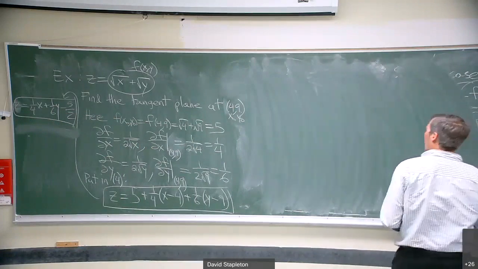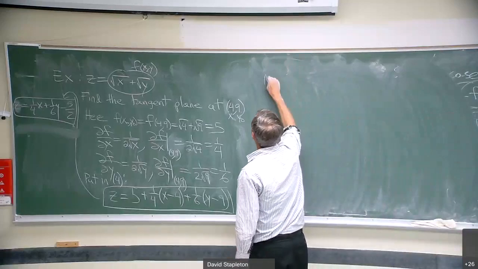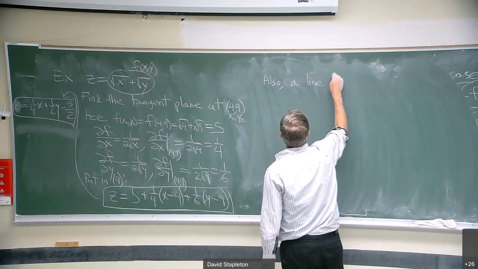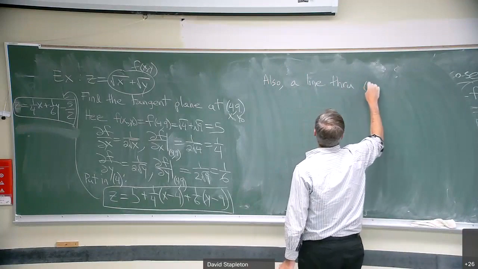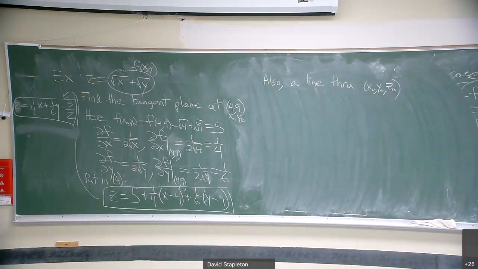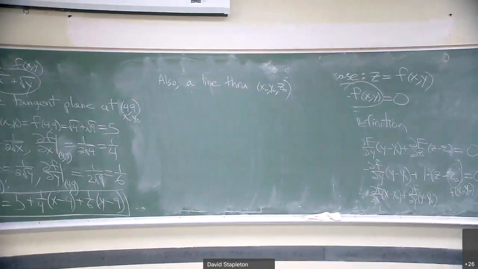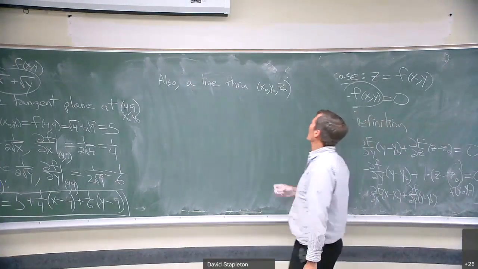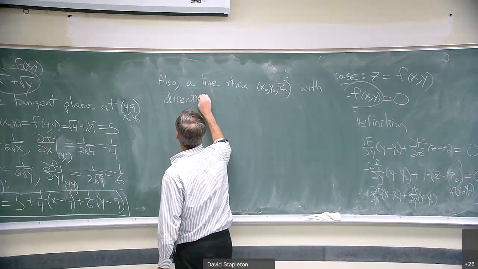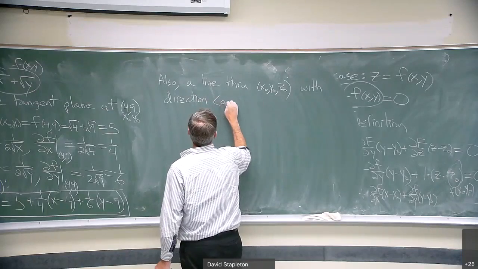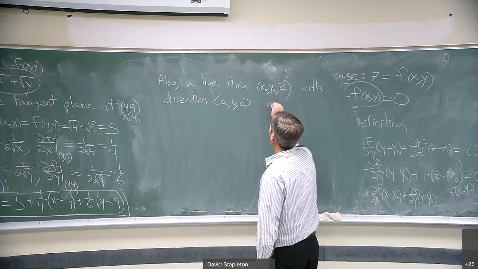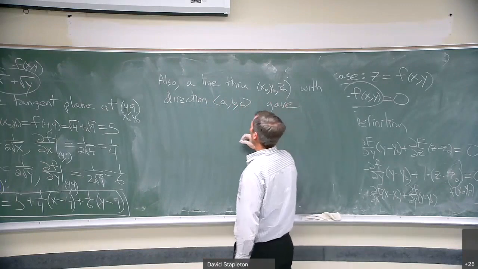Well, similar to the normal line of the plane, you recall that a line that goes through a point x naught, y naught, z naught with direction a, b, c, we wrote, gave us the normal line.